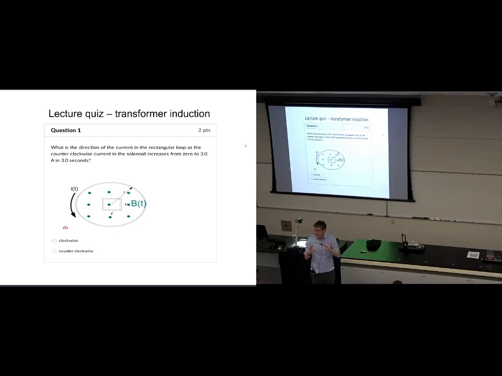And that's Lenz's law. It's an example that if you switch on a current and make a magnetic field, then the induced magnetic field will oppose that original magnetic field. The induced current kind of opposes the original current.